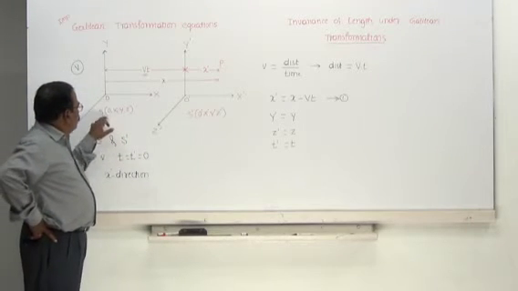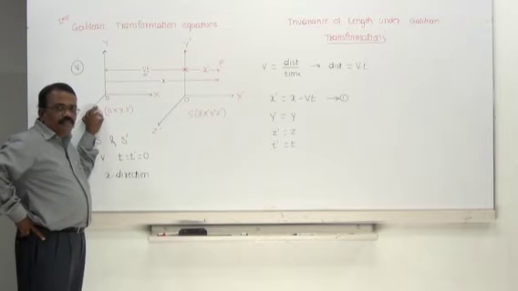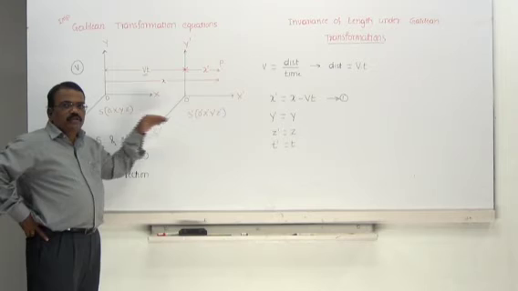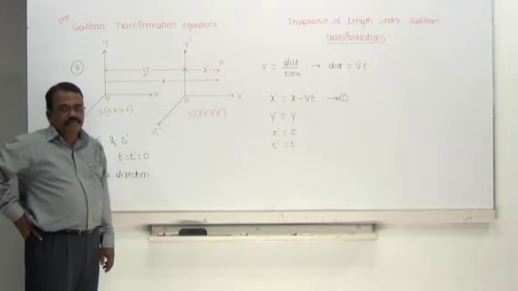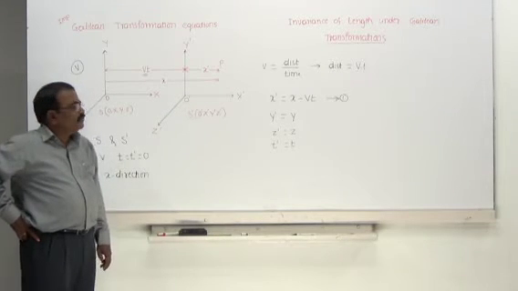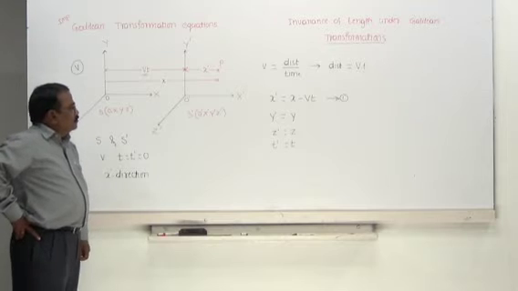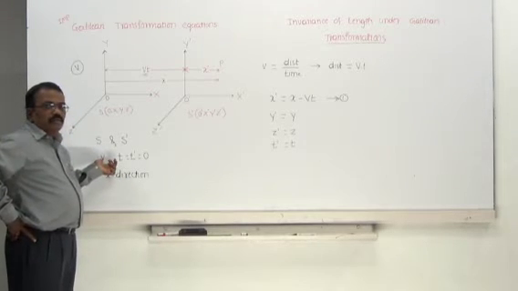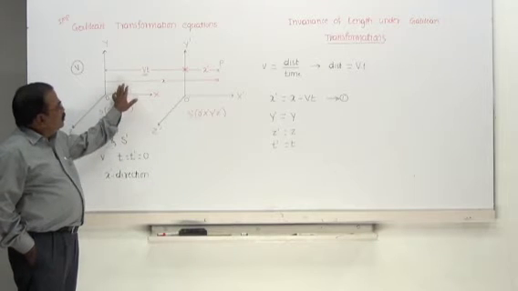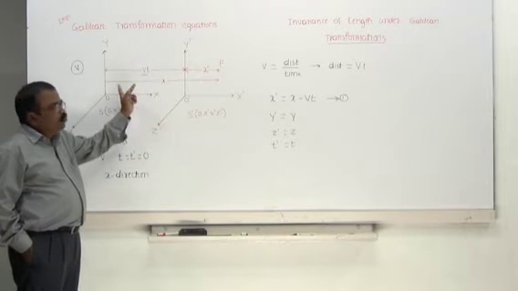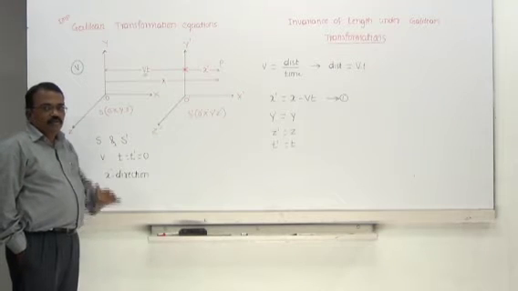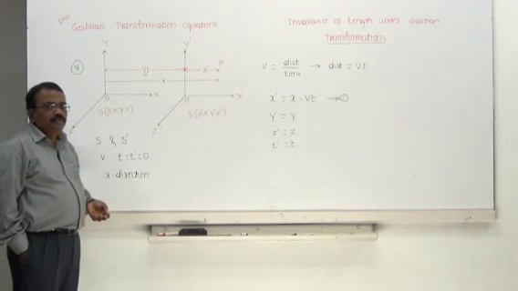So the frame of reference S is at rest. This S dash is moving with uniform velocity V. Let the time shown by the two clocks in the two frames of reference be the same, because time is an absolute quantity.